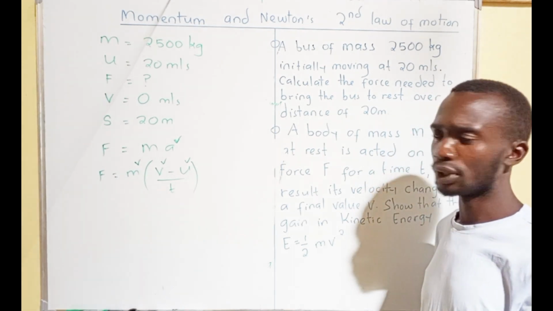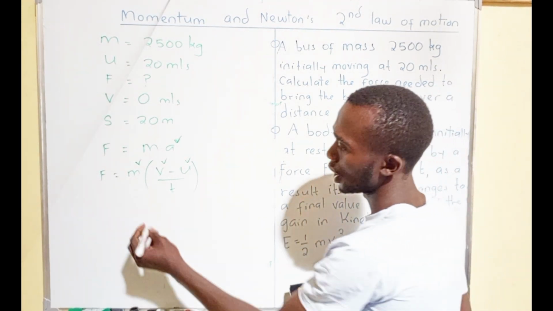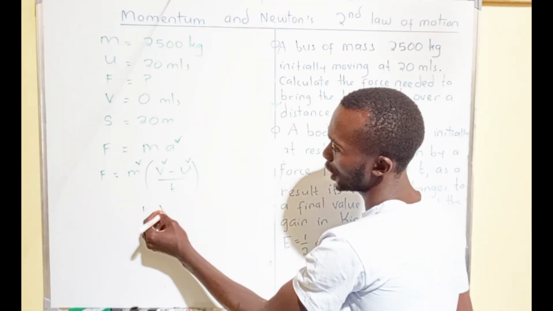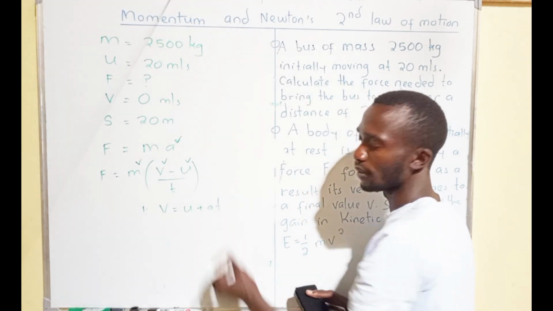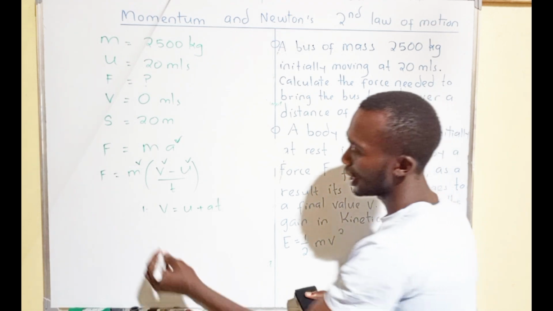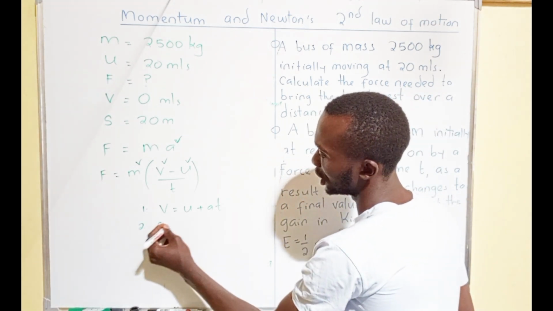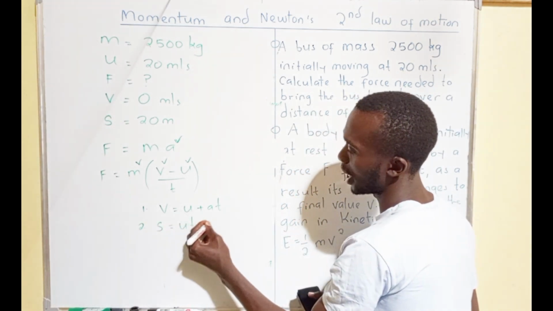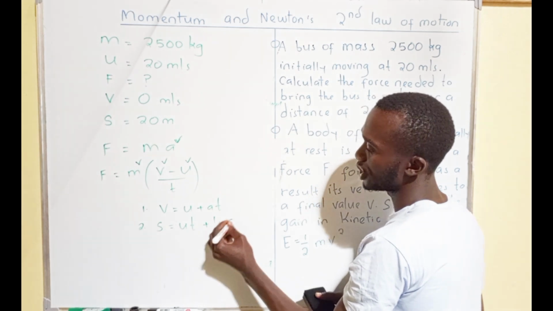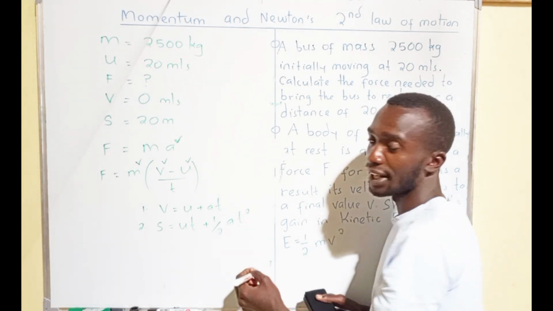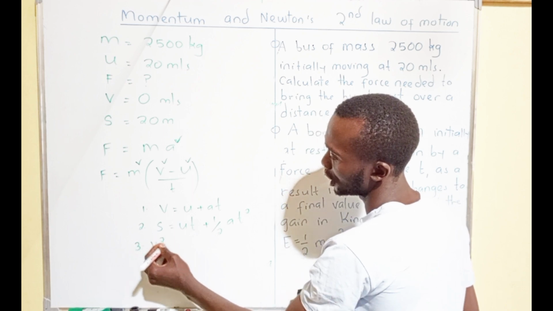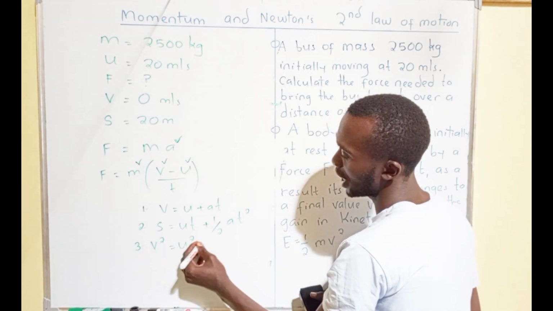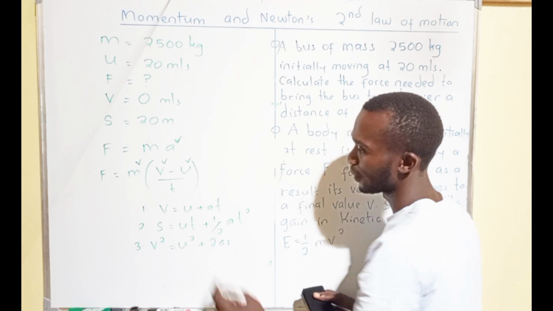We go back to the equations of linear motion. The first equation is v is equal to u plus at. The second equation, s is equal to ut plus a half at squared. And the third equation, v squared is equal to u squared plus 2as.